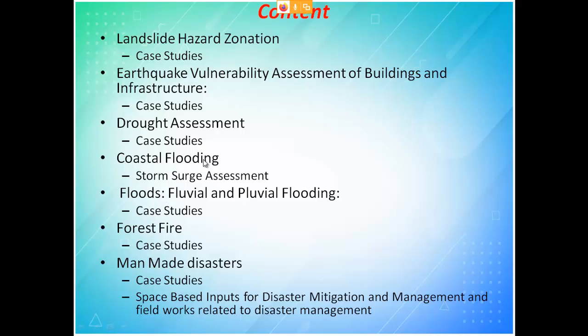When you say coastal flooding, we all know that storms, when they cross the coast, have a very severe effect, and that we will discuss today as a case study. The next is the flood due to overflow of river.